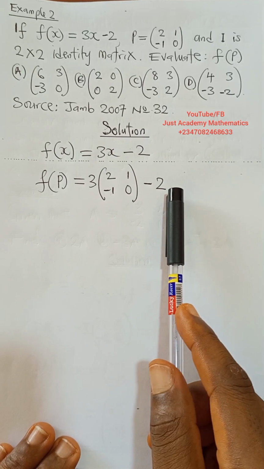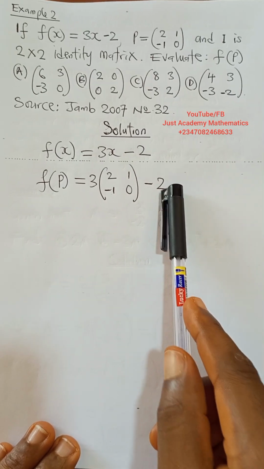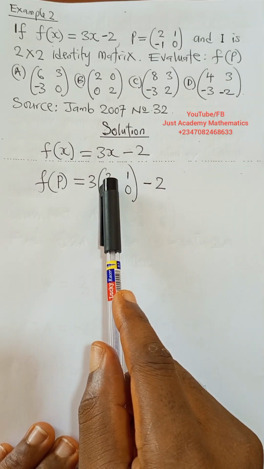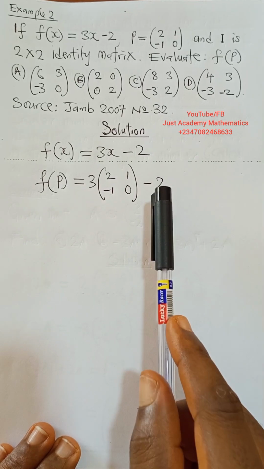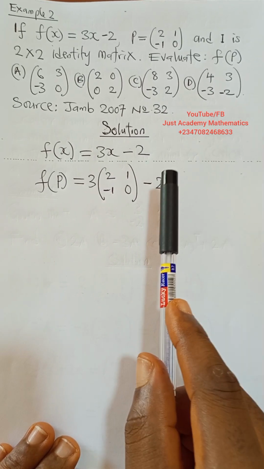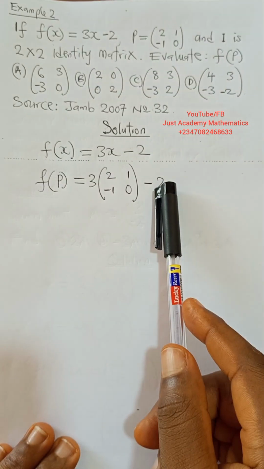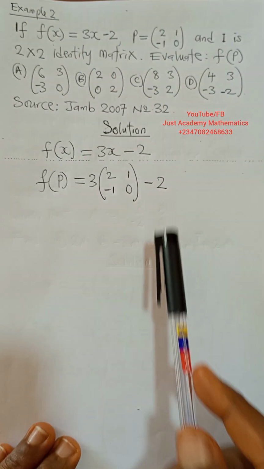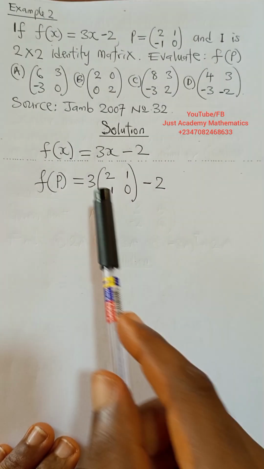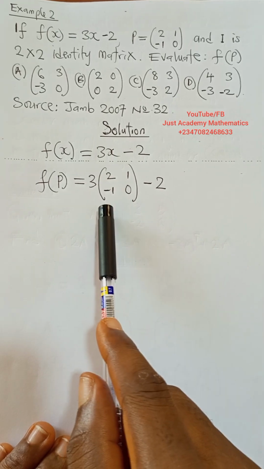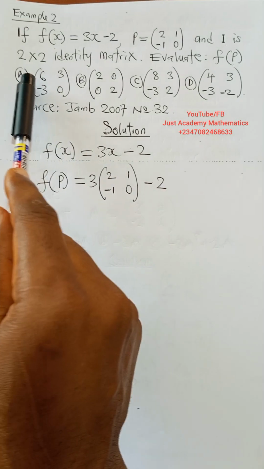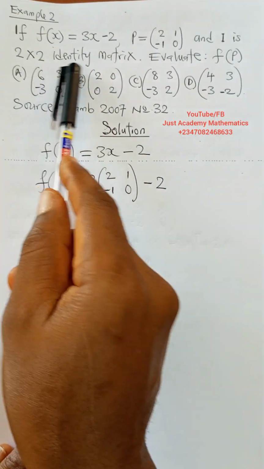This one is a 1 by 1 matrix. So you can't subtract them the way they are now. So what do we do? We multiply the 2 by the identity. Identity is like 1. Anything multiplied by 1 is itself. The identity, or the 1 of a 2 by 2 matrix, is what they call the 2 by 2 identity.